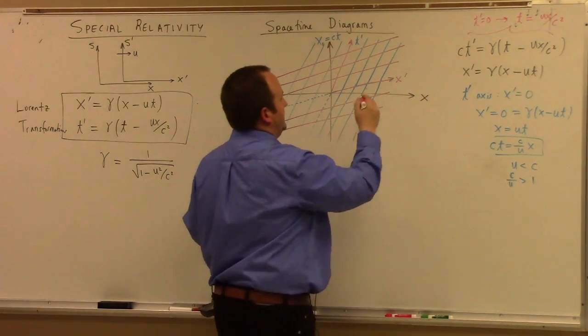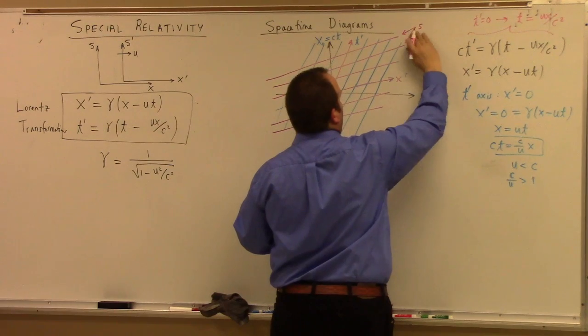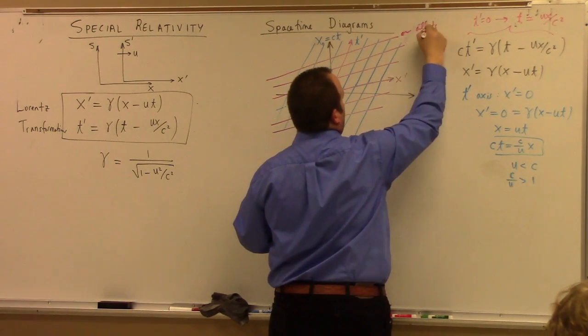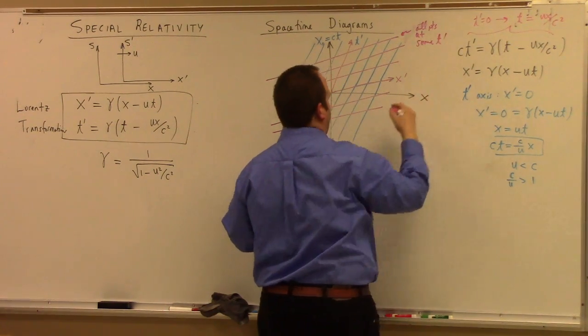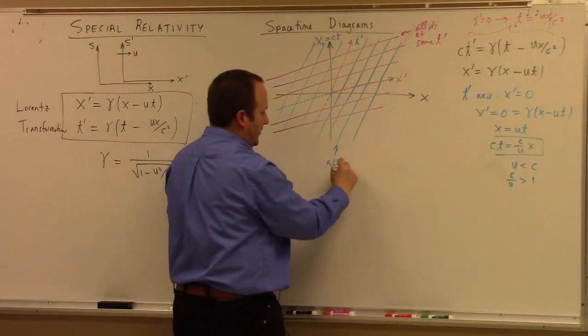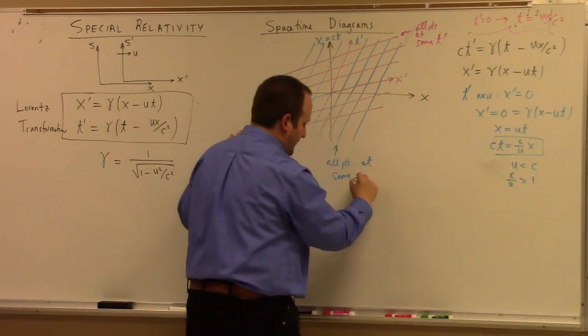All right, so these, well, one of them, right? All points at same t prime. These ones, all points at same x prime.